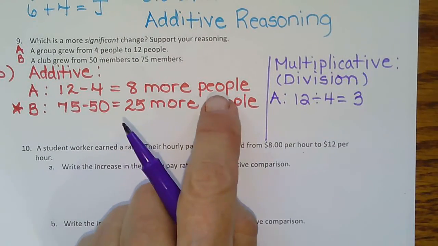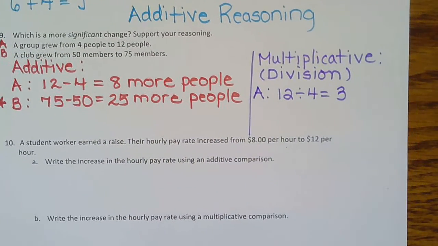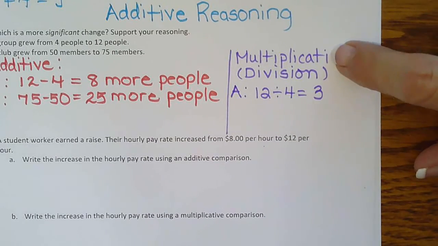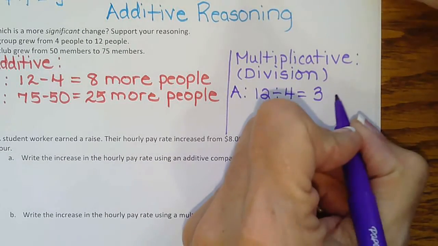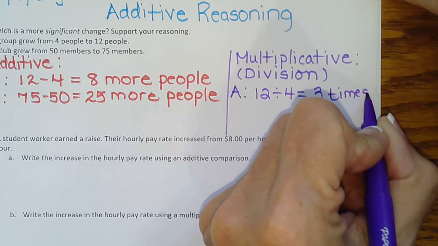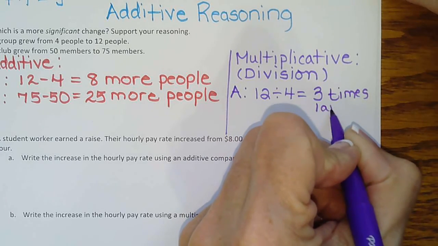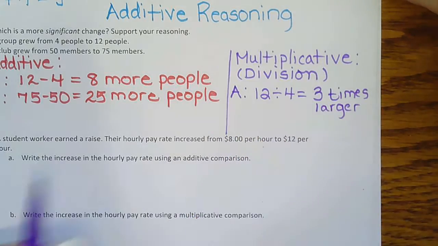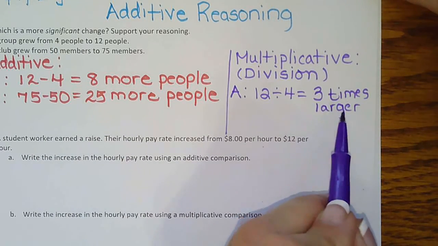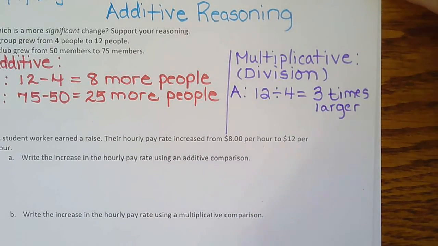So this was units, 3 more people. With multiplicative, remember multiplying means times. So 3 times larger. So group A is 3 times larger than it started out. It was 4 people. Now it's 12, so it's 3 times bigger than it was.